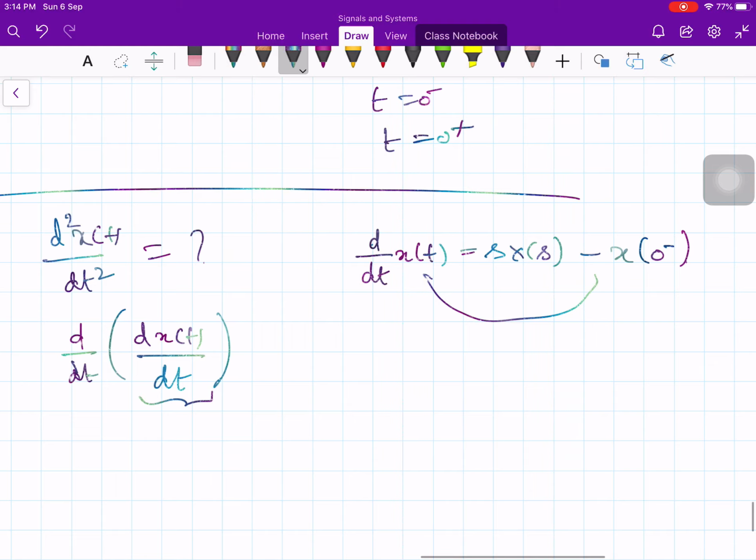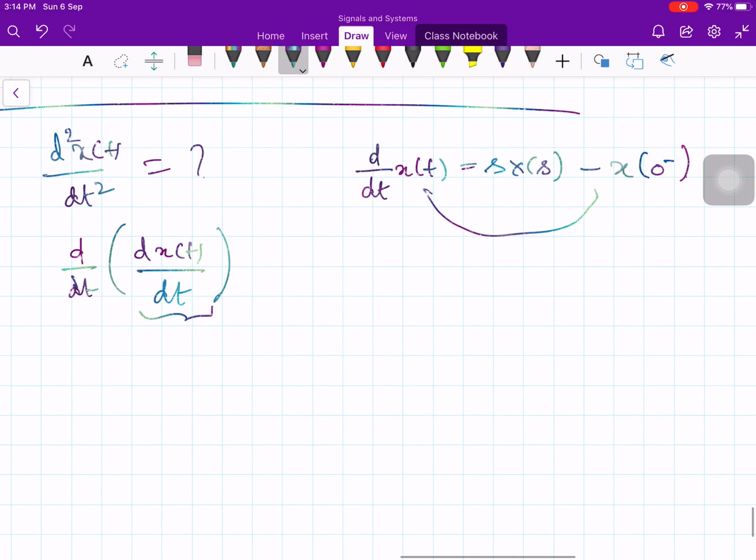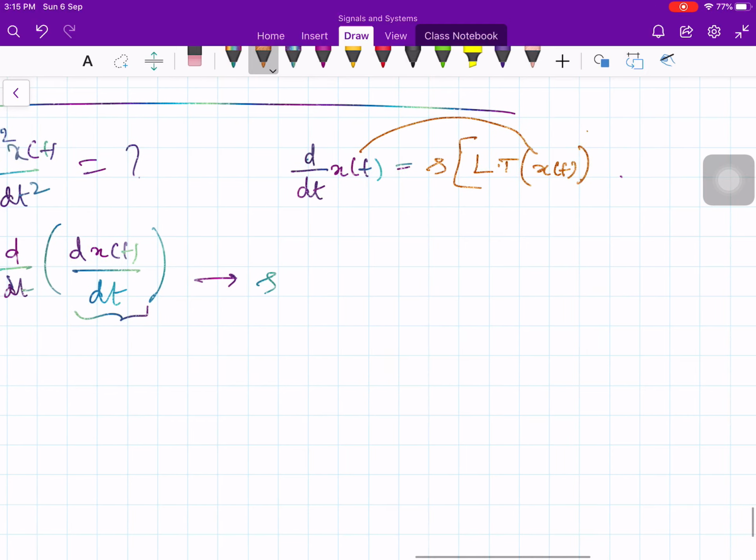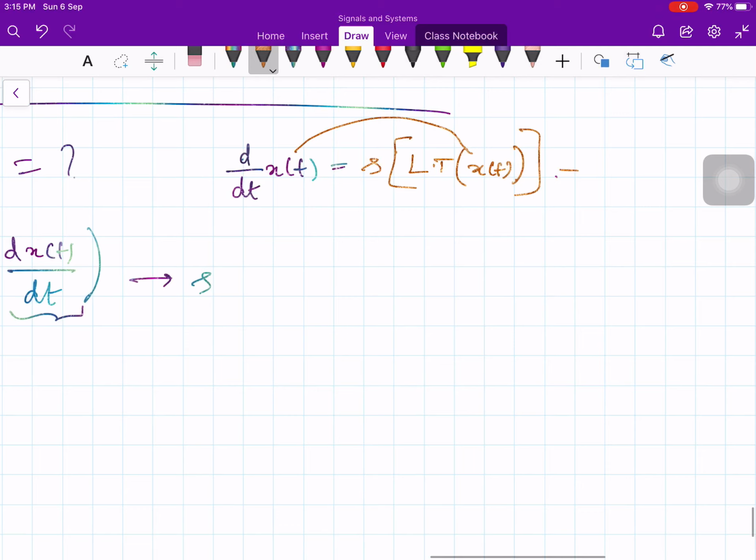Similarly, here also, this is very easy, an important point so that you will remember this. So now what is this one? This one is s times the Laplace transform of this x of t, minus x of t evaluated at t equals 0 minus, right?